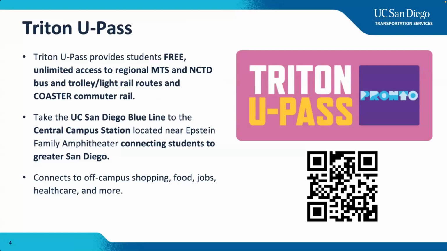And it's also an incredibly important part of our student experience here at UC San Diego. The U-Pass is an amendment that was voted on by the entire student body, and is included in every student's tuition.